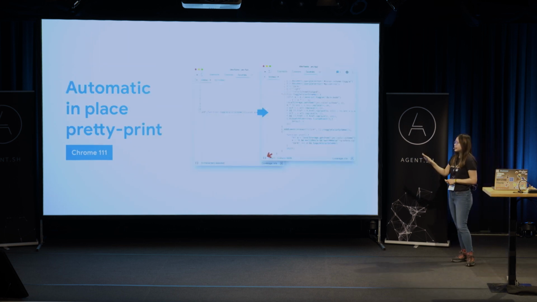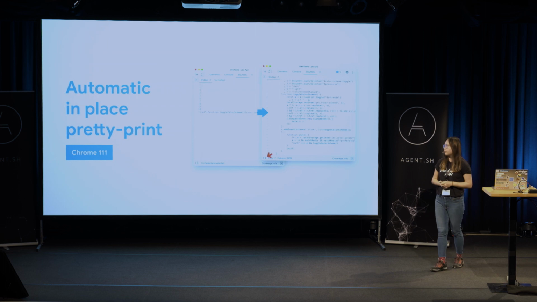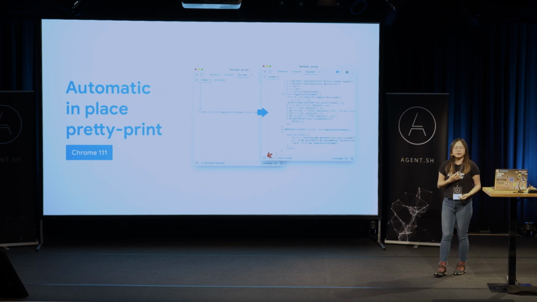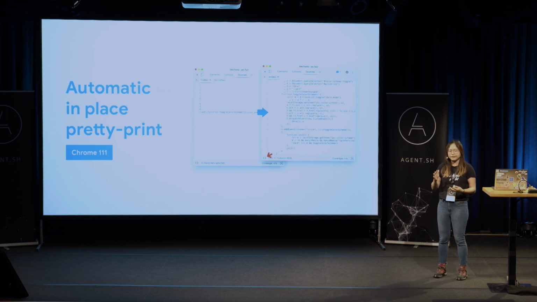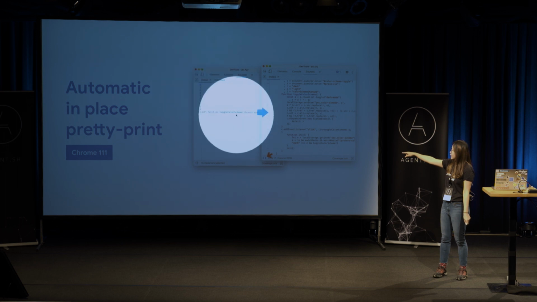Okay, next, landing in Chrome 111, we will automatically do in-place pretty print for your source code. I guess everyone has this experience that when you want to debug, for example, production code, you have this one-liner, very long syntax.